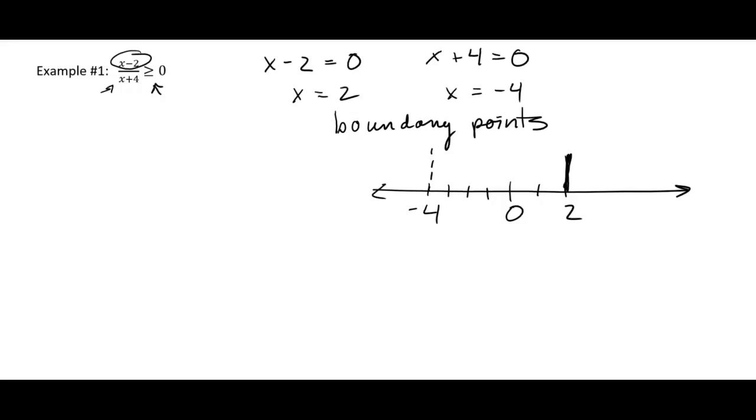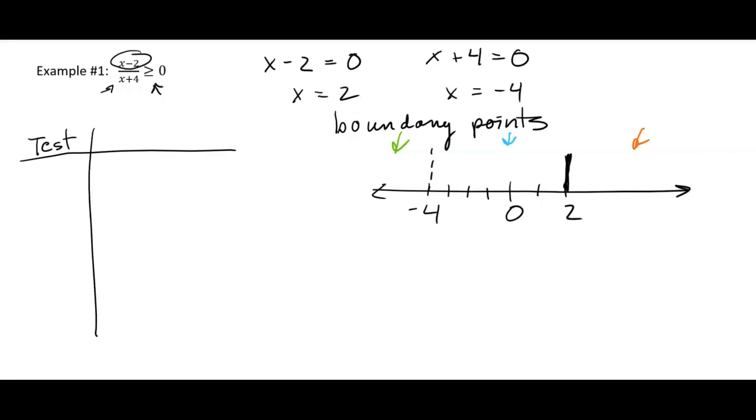Because I have 2 boundary points, it divides my number line into 3 sections. I'm going to have the green section in here, the blue section in here, and this section be the orange section. What we're going to do is use what are called test points. I'm going to make a chart and find some test points to try.